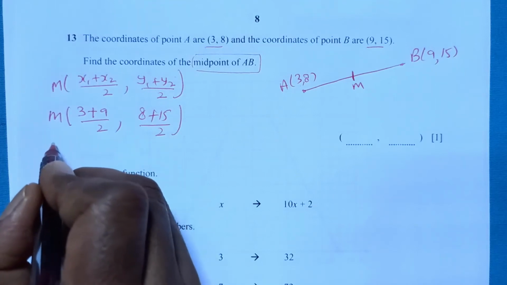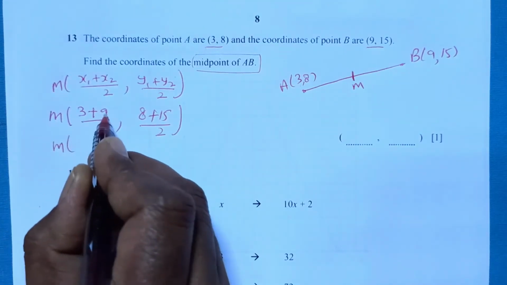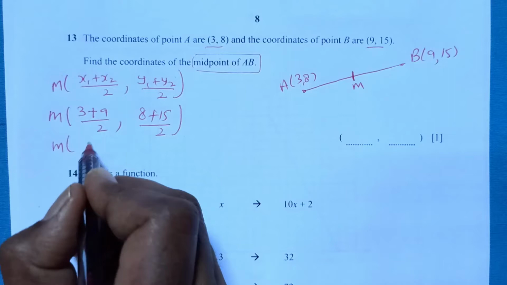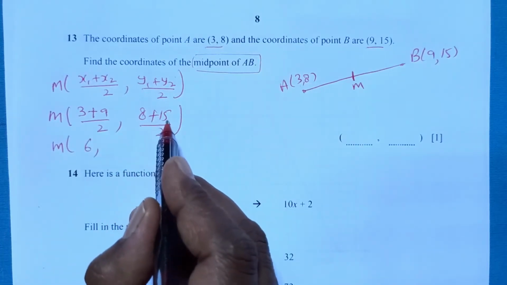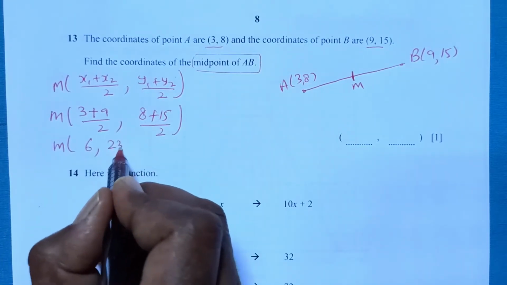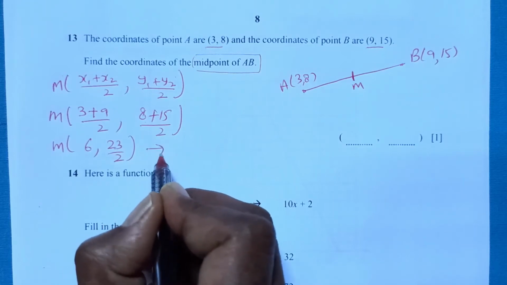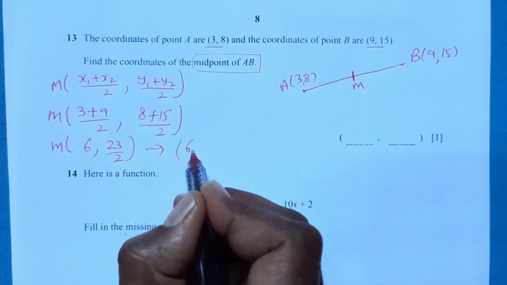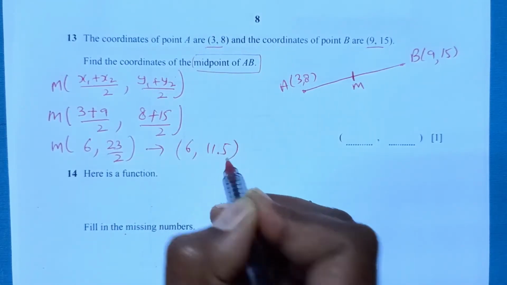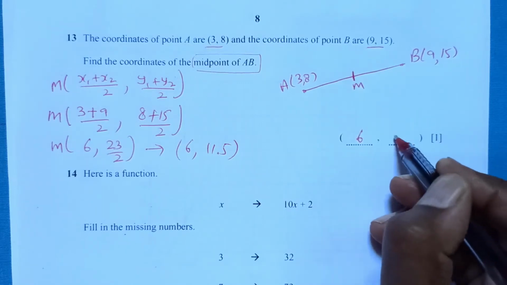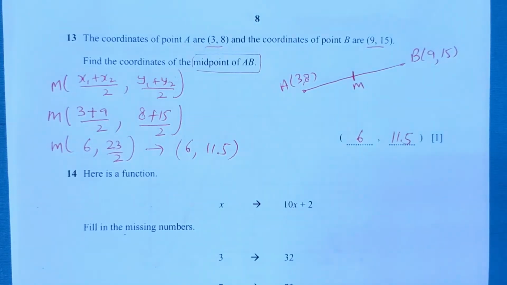So this is 9 plus 3, 12, 12 divided by 2 is 6, 8 plus 15 is 23, 23 over 2. So we can write it as decimals: 6 and 11.5.